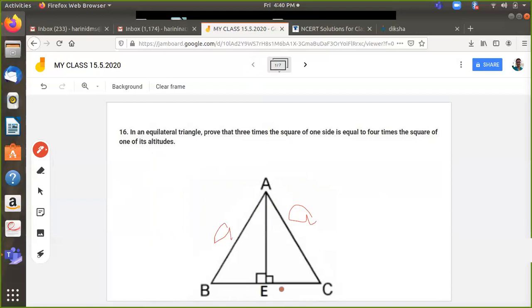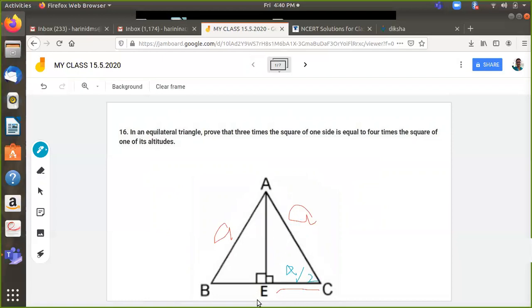Now this is C. The distance will be A by 2. So this will be A by 2. I'm writing it very badly because I'm doing it with my mouse control. So this is A by 2.